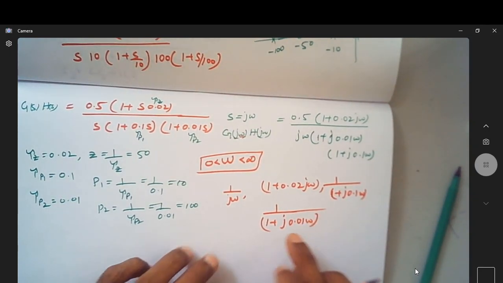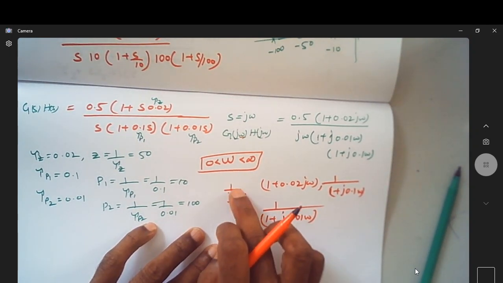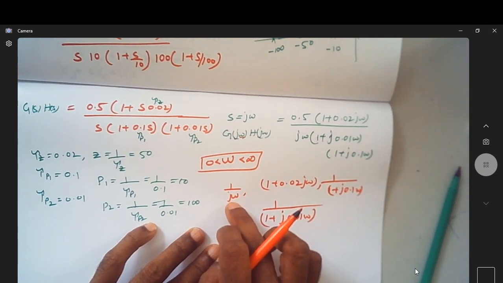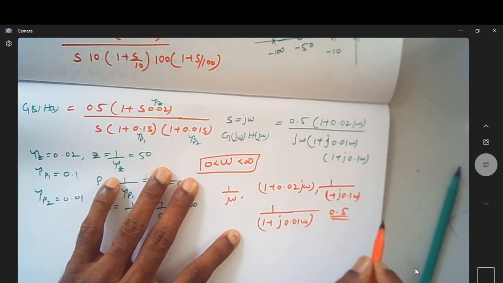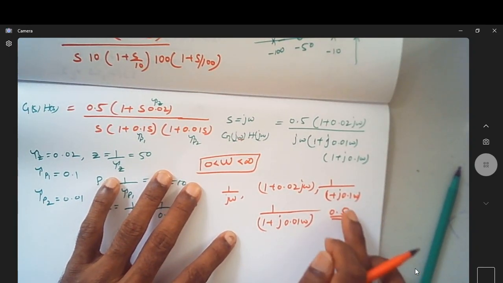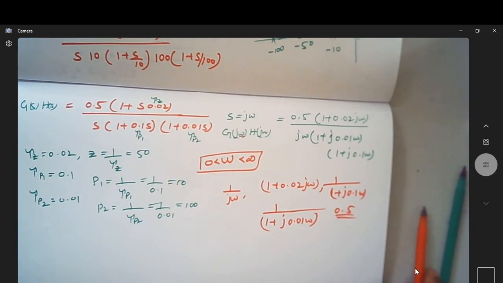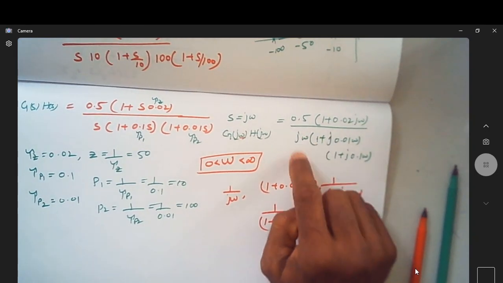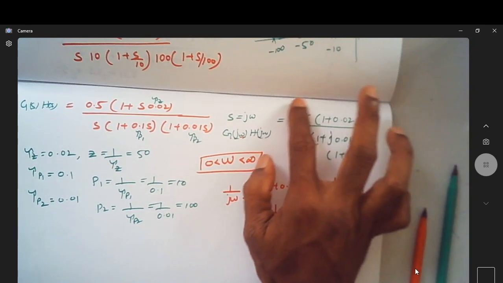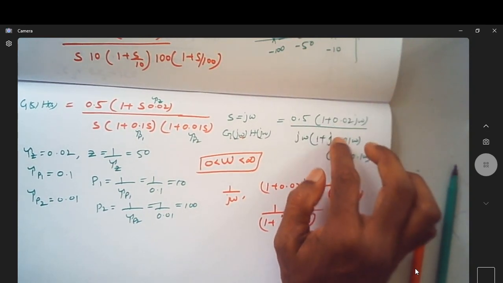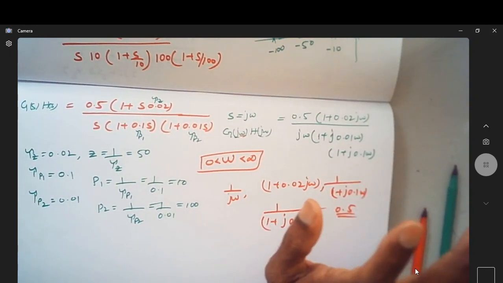So we are interested in what is the response of the system if you have the term 1 over j omega, and also for 0.5. Since 0.5 doesn't have an omega, the omega doesn't have any impact on this. So if you know how individual terms are affected by this omega, then we can know the overall effect of omega on the overall system.